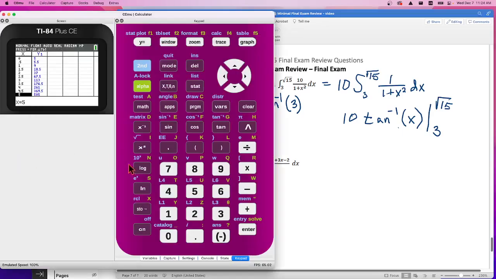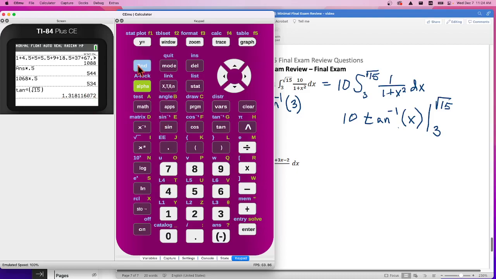Let's see what happens if you take the inverse tangent of either one of those. I am in radian mode, which is what I want to be. Let's see, square root of 15. I wouldn't expect that to be anything other than some kind of non-exact value, so I can't write that as an exact number.